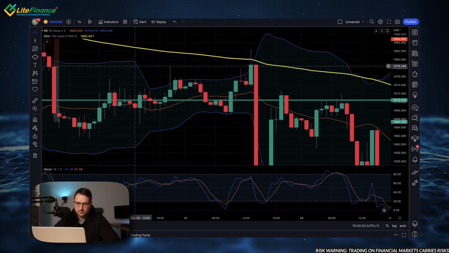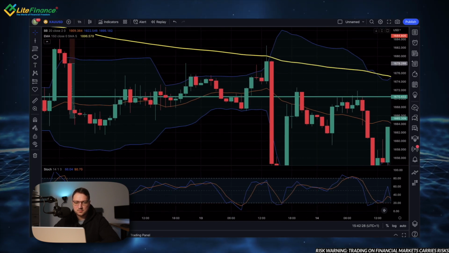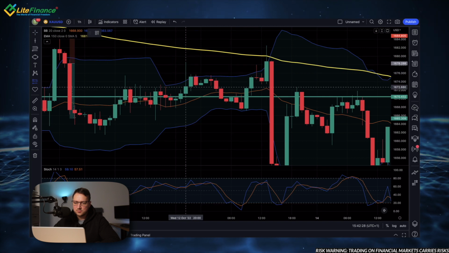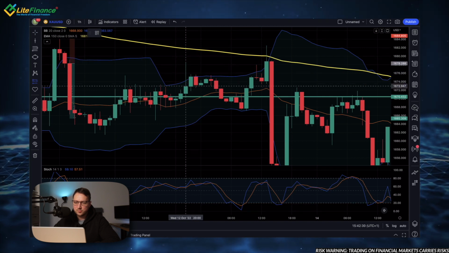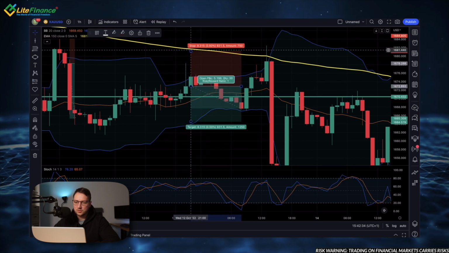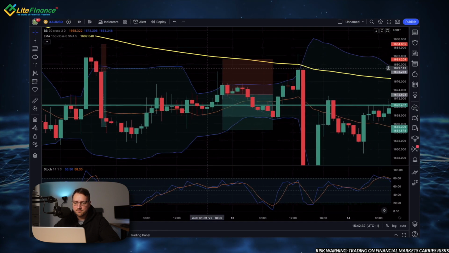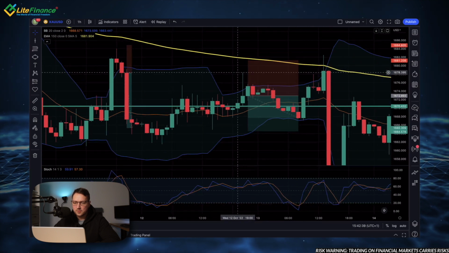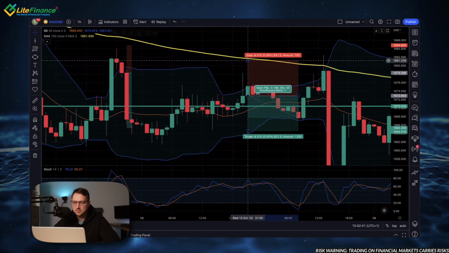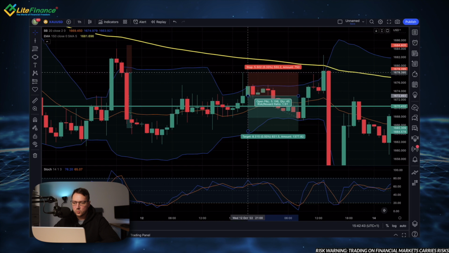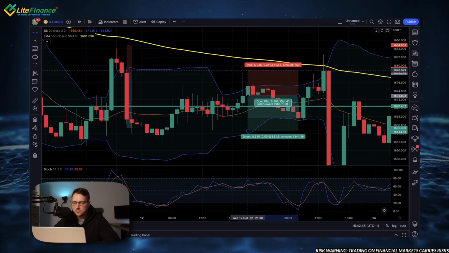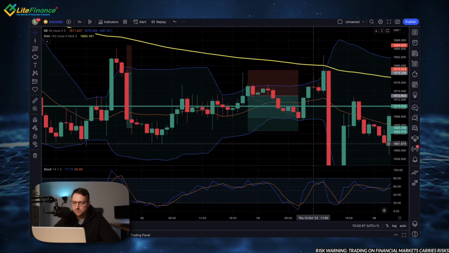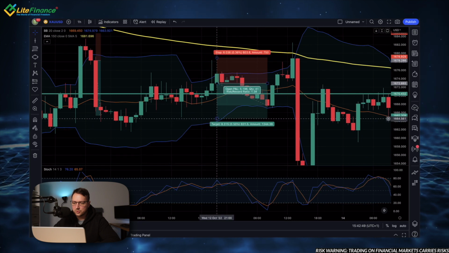But if you did take this opportunity, the price went up and closed over here, so we would enter over here. If we check the left side, these are the levels where we would open a transaction. So add a couple pips and a risk reward ratio of 2:1.